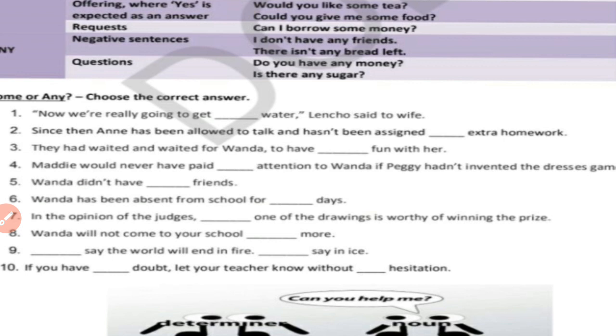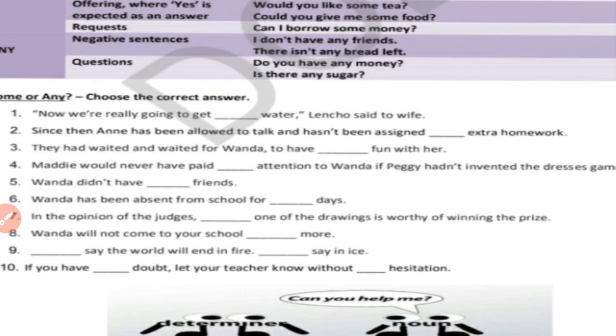Hasn't been is a negative sentence, so the determiner any will be used: any extra homework. Next, they had waited for Wanda to have some fun with her. It's a simple sentence, so some fun.